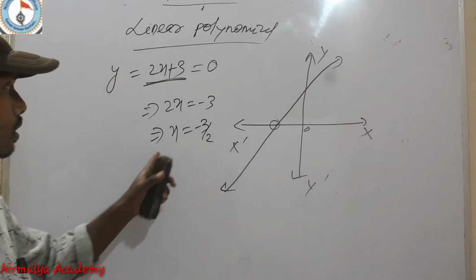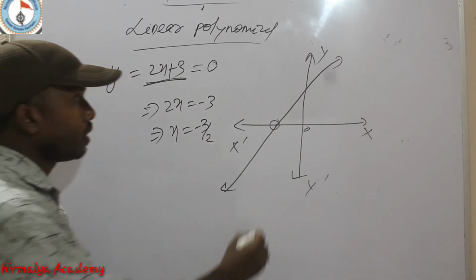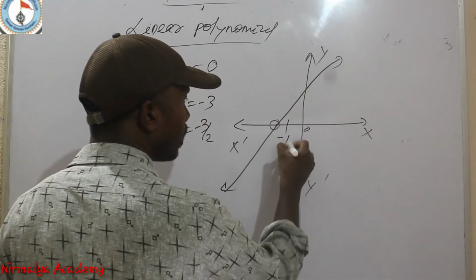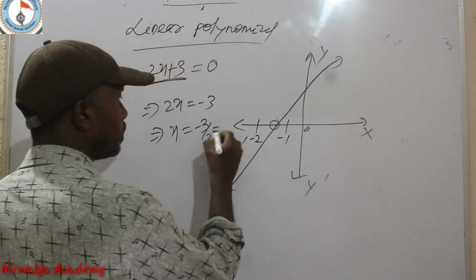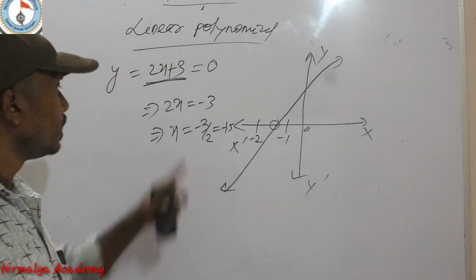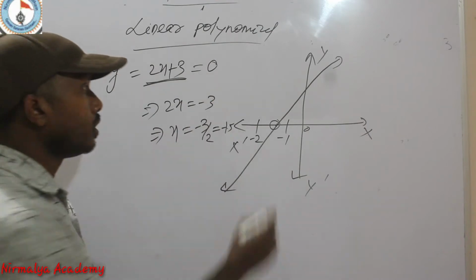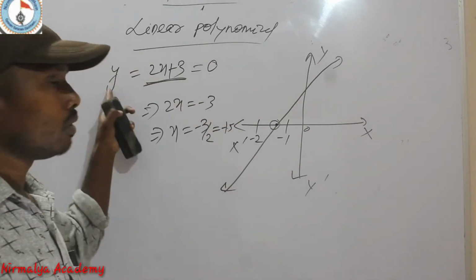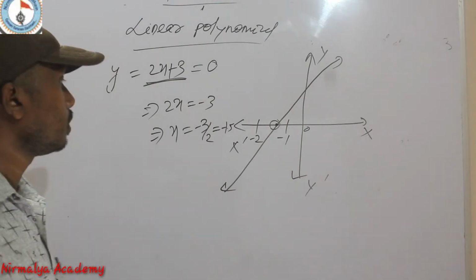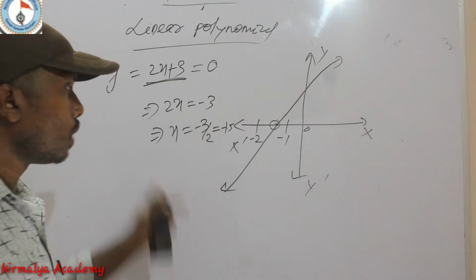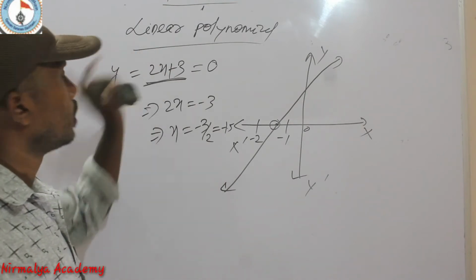So the value of x is minus 3 by 2, or it lies between minus 1 and minus 2, because it equals minus 1.5. In this case y will be 0, because only the x coordinate is there but y will be 0. So there is only one zero for a linear polynomial.